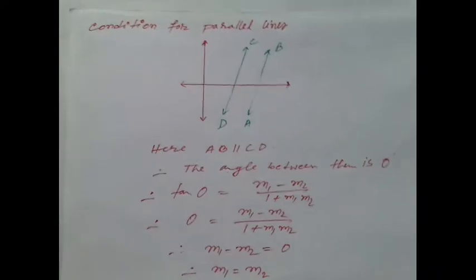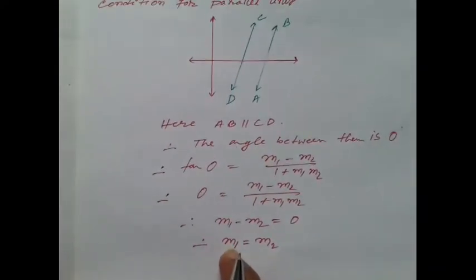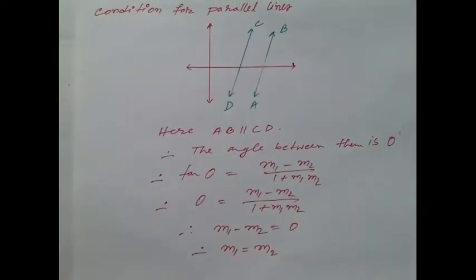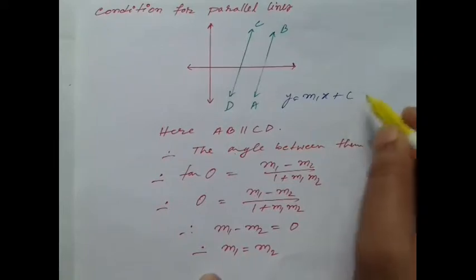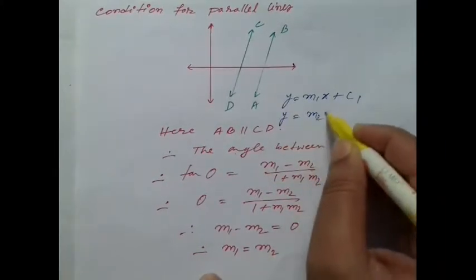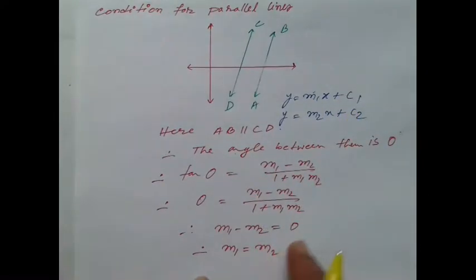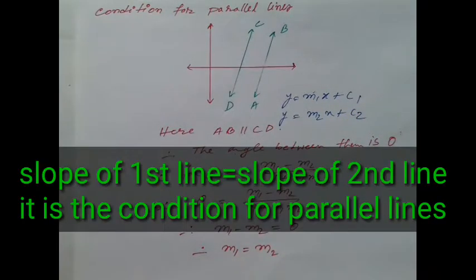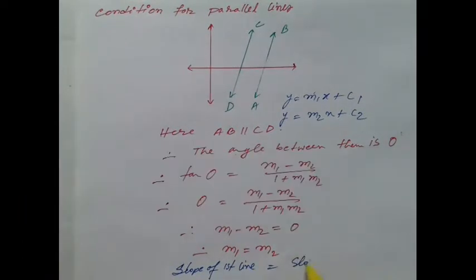So we have got here the slope of the first straight line, as we have considered y equals m1x plus c1 and y equals m2x plus c2. So m1 is the slope for the first line and m2 is the slope for the second line. So slope of first line equals slope of second line.